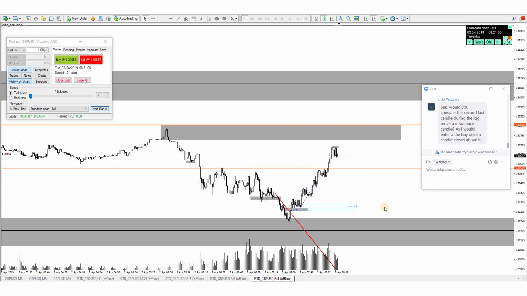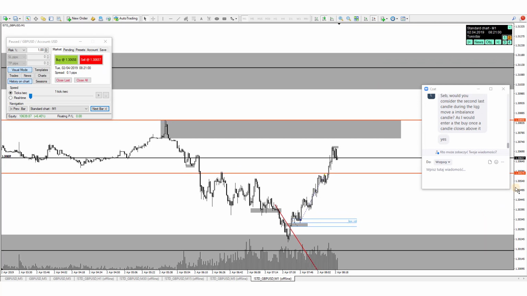Lim is asking, Seb, would you consider the second last candle during the liquidity grab move as an imbalance candle, as I would enter the buy once a candle closes above it? The second last candle, you mean this one, right? Yes, this could be very aggressive.